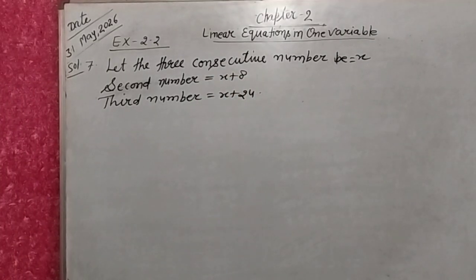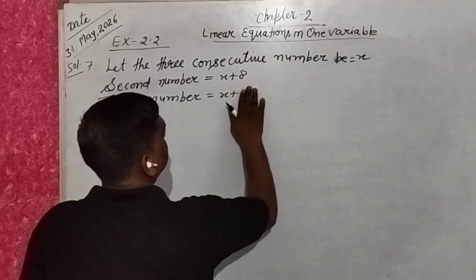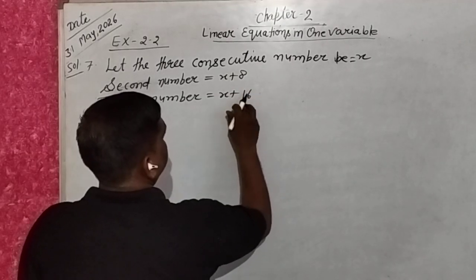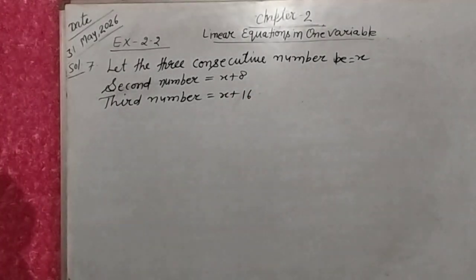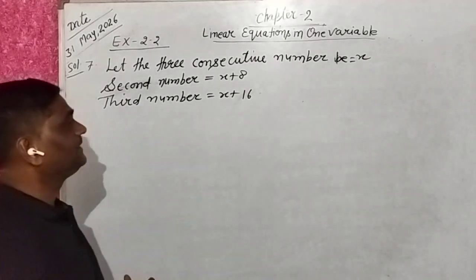Are you understand? First number is x, second is x plus 8, and third is x plus 16.